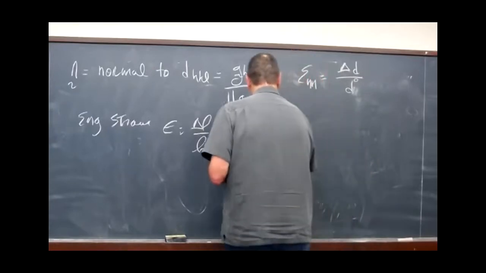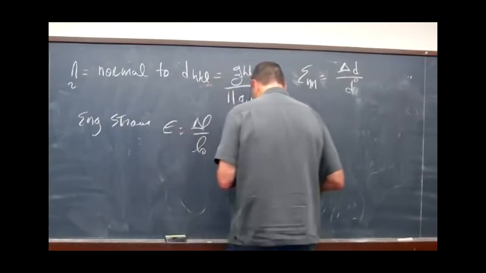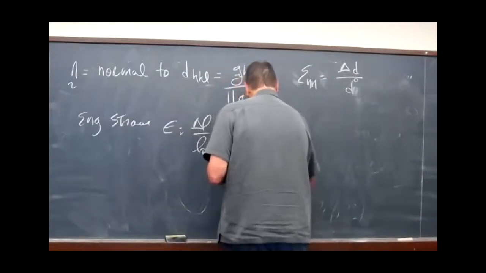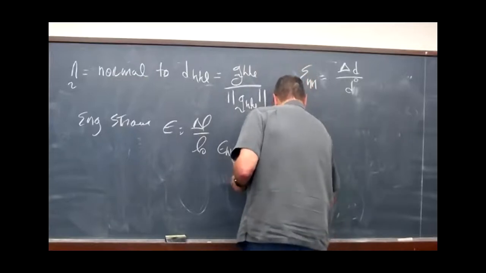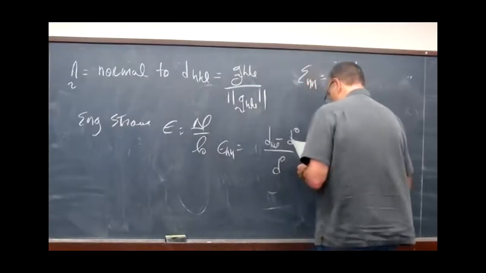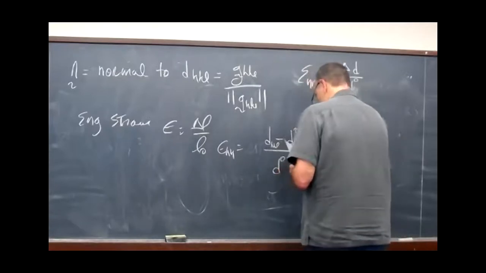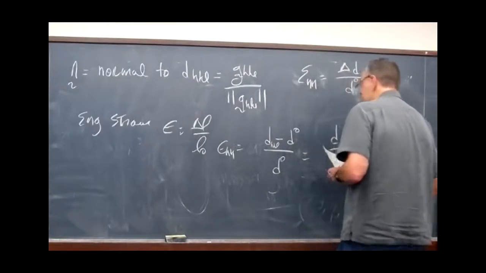So delta D over D naught equals D minus D naught over D naught. And again, these all have HKL beside them. Which also equals D over D naught minus 1.